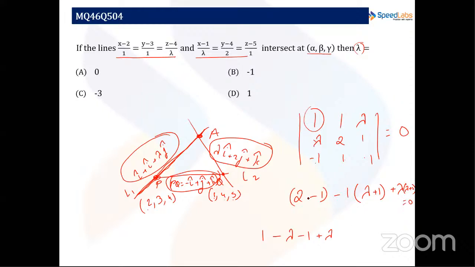So that will be lambda square plus 2 lambda equals to 0, and we will be getting lambda square plus lambda equals to 0. Taking lambda common, lambda into (lambda plus 1) equals to 0. This implies that lambda equals to 0 or minus 1. So the two values of lambda are 0 and minus 1, so our options are A and B.